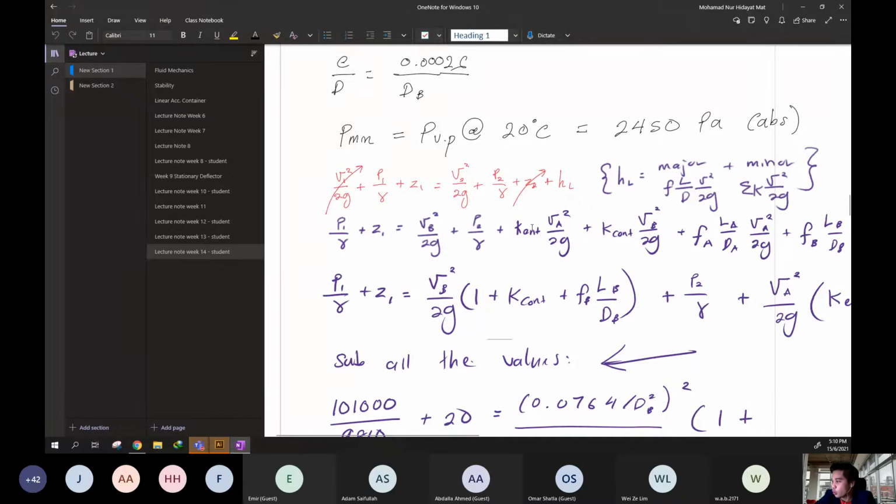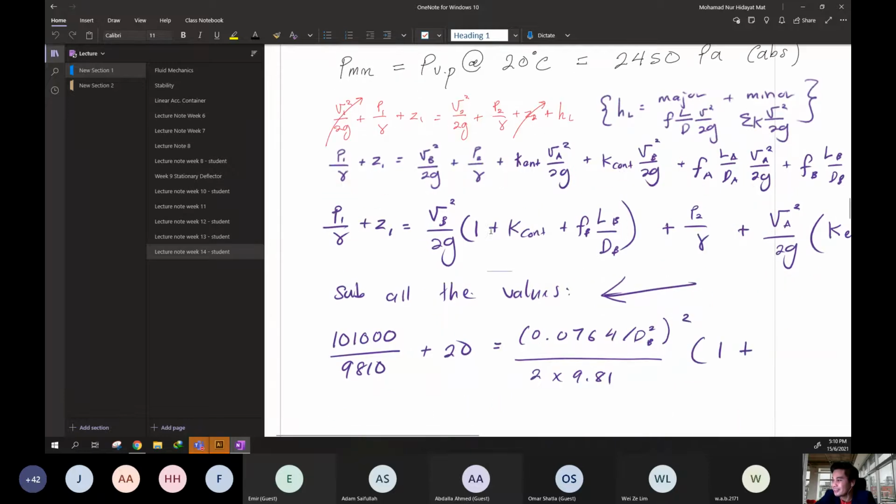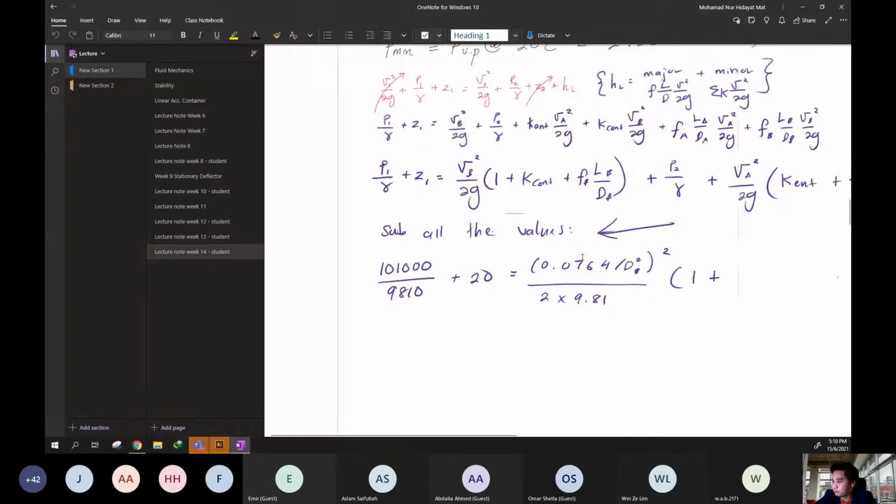You substitute all the values related to the losses, in terms of the entrance coefficient and the contraction coefficient. You rearrange the equation with respect to VB and VA, and substitute the values.